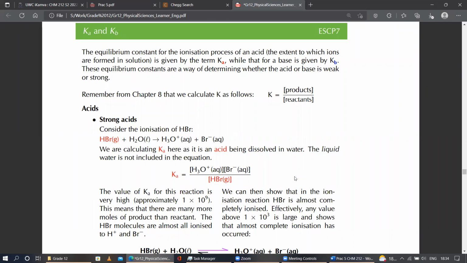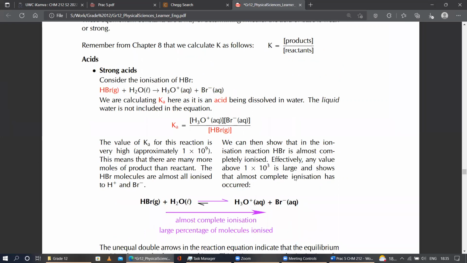So now we're going to come to the ionization constant and dissociation constant. These constants help you to determine whether the acid that is used is strong or weak.